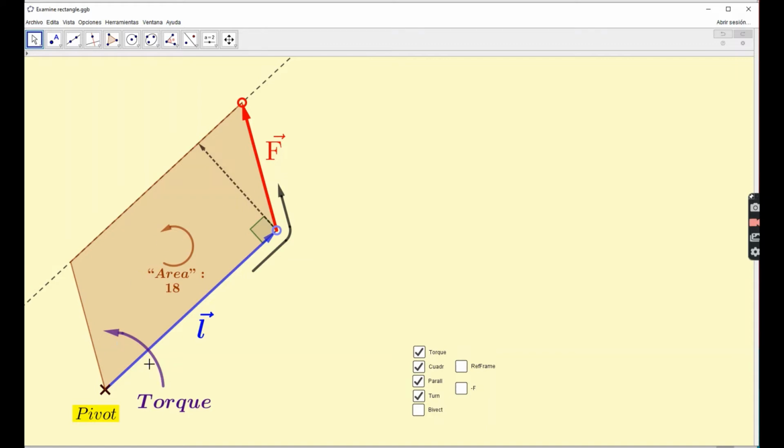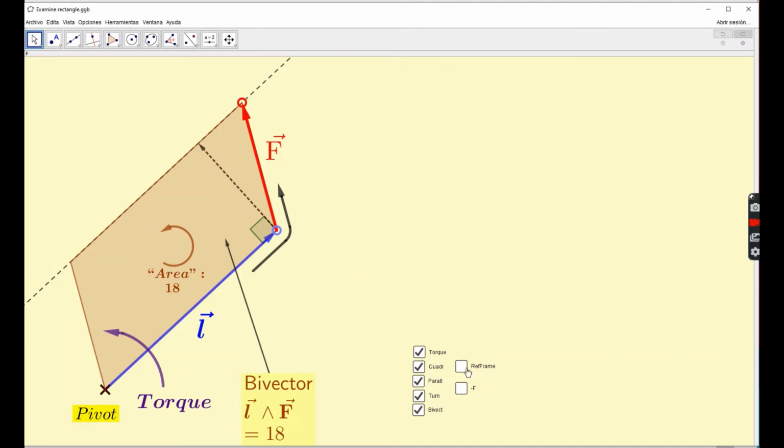That's the same direction as the torque, so let's assign to this area a sense of direction that's the same as the sense of the turn from L to F. And this now is what we call a bivector, and we represent it by this wedge symbol. So L wedge F is equal in magnitude to the area of this parallelogram, and its sense is the direction of the turn from L to F.